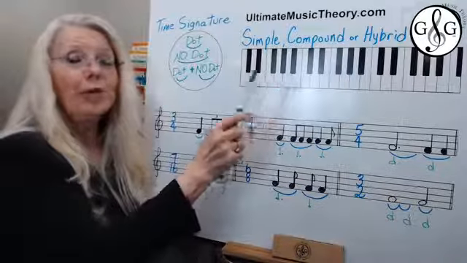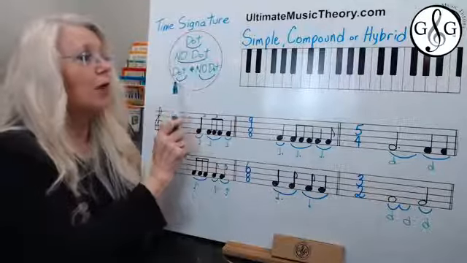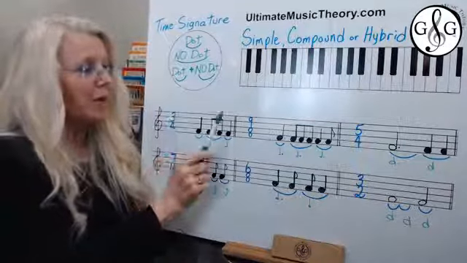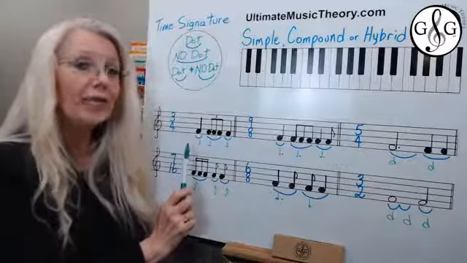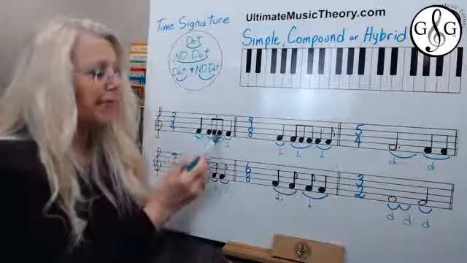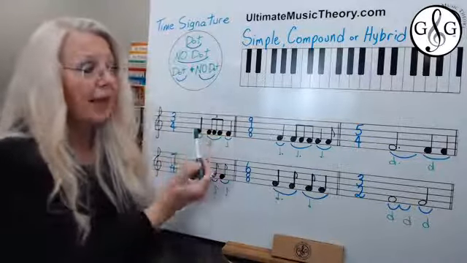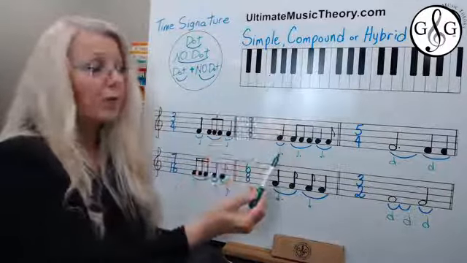So that gives us the clue when you're identifying time signatures: simple, compound, or hybrid time. Play the game: dot, no dot, or dot plus no dot. And remember, the top number tells you how many beats in a bar. The bottom number indicates what kind of note equals 1 count. Each group must be equal to 1 undotted note, indicating simple time, or 1 dotted note, indicating compound time, and then we would break it down.